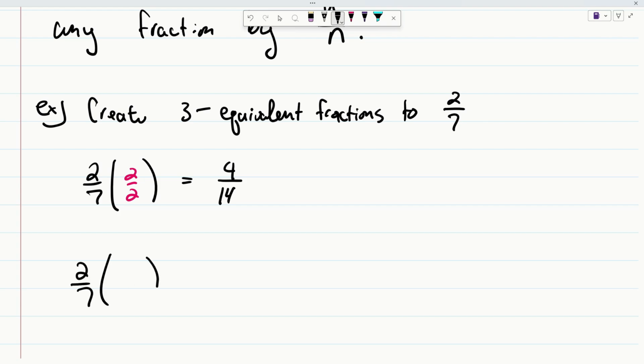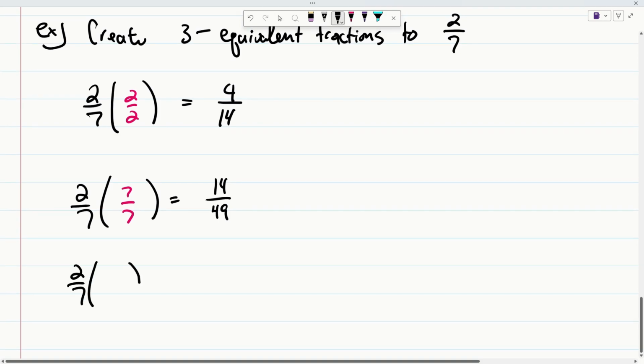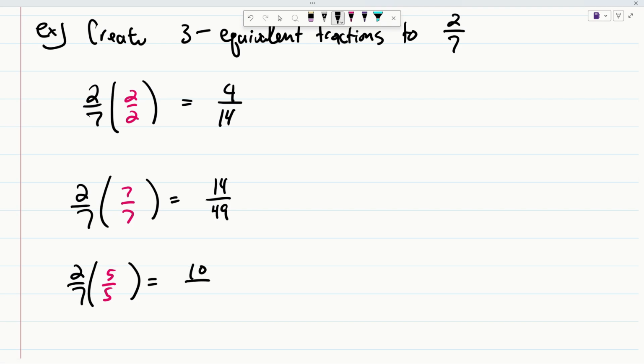Here's another one. How about 7/7? Well, 2 times 7 is 14. 7 times 7 is 49. That's another equivalent fraction. And finally, the third one, we'll do 5. So 5/5. So that's going to be 10/35.